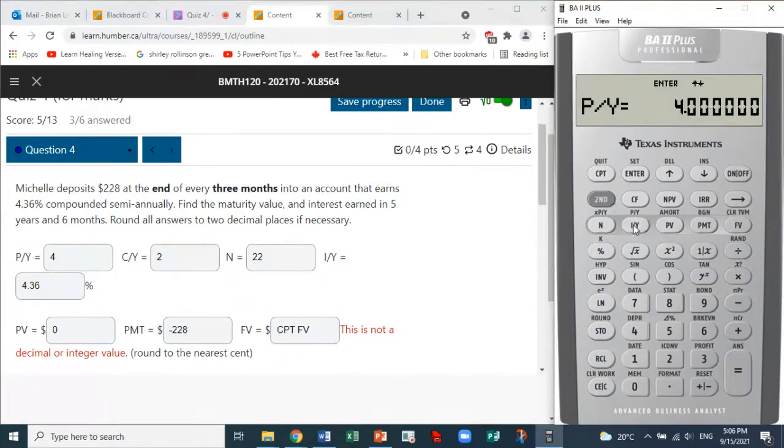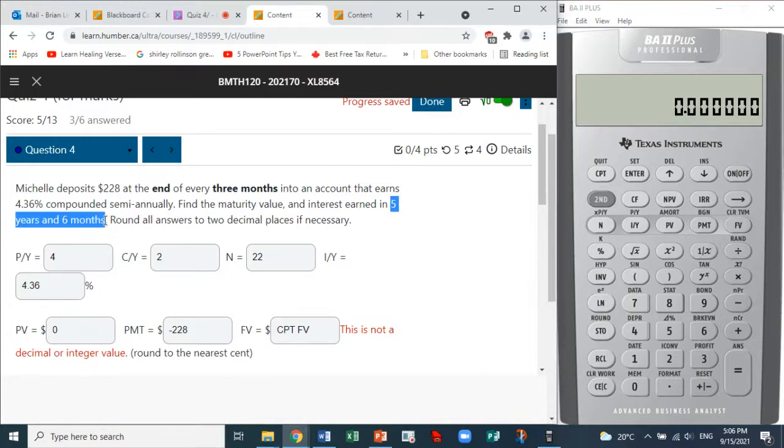So we go second, IY. PY is 4, or we can go back and enter it if we like. It's compounded semi-annually, so 2 for CY, and then we come out of there. Now 5 years and 6 months: we go 6 months, divide by 12 to change it to years, add the 5, click equal, which is 5.5.